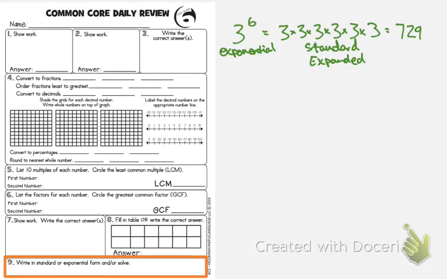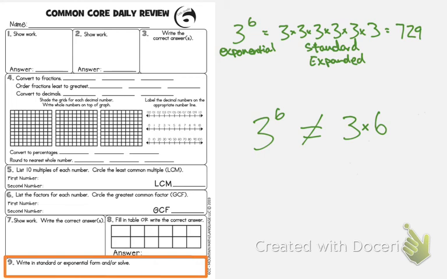So now that we've talked about what the parts of an exponent are, how to write it in exponential form and standard form, as well as how to solve, it's really important for us to identify some common mistakes that get made so that we can avoid making them. We absolutely have to remember that 3 to the 6th power is not equal to 3 times 6.